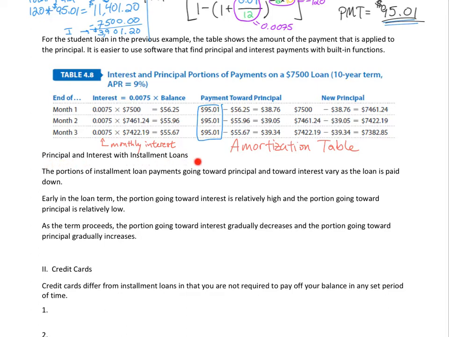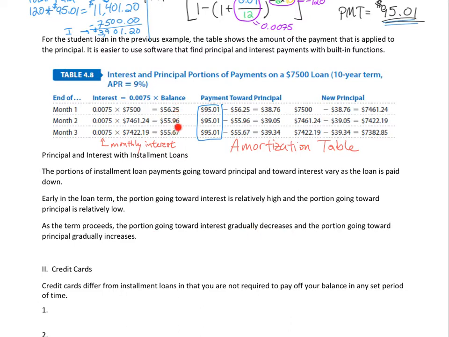Principal and interest with installment loans. The portions of installment loans going toward the principal and toward the interest vary as the loan is being paid down. Early in the term of the loan, the portion going toward interest is relatively high, and the portion going toward the principal is relatively low, as I mentioned over here. But as the term proceeds, the portion going toward interest gradually decreases.